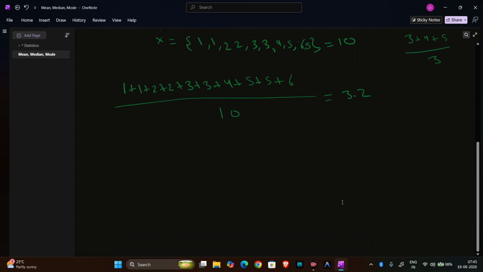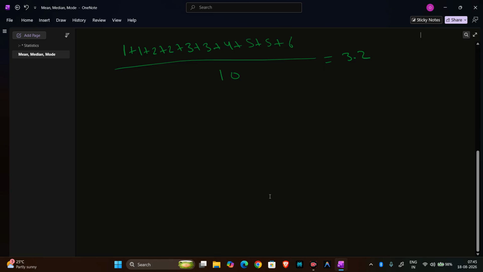Next up we have the median. How do we calculate the median? We calculate the median in four steps.